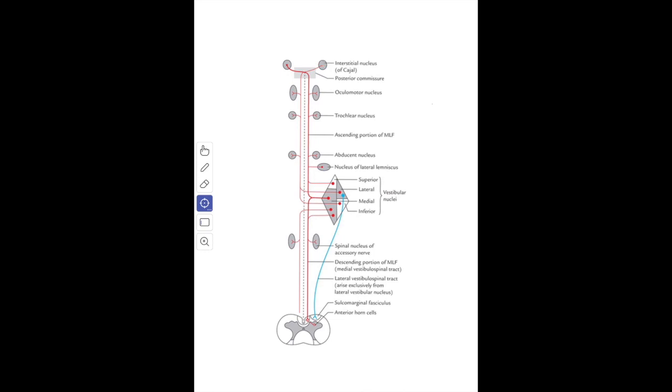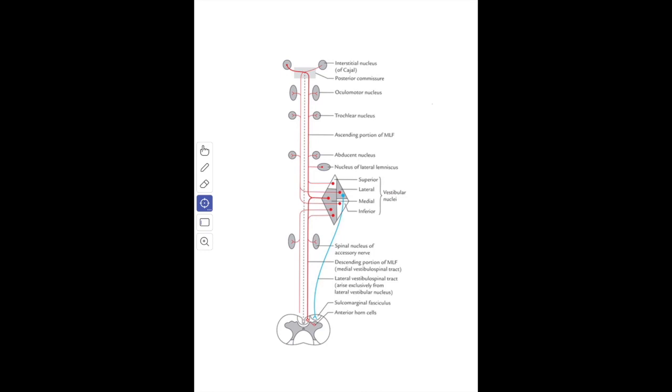The medial longitudinal fasciculus consists of fibers arising mainly from the vestibular nuclei. Some of the fibers also arise from the nucleus of the lateral lemniscus and also from the interstitial nucleus of Cajal.